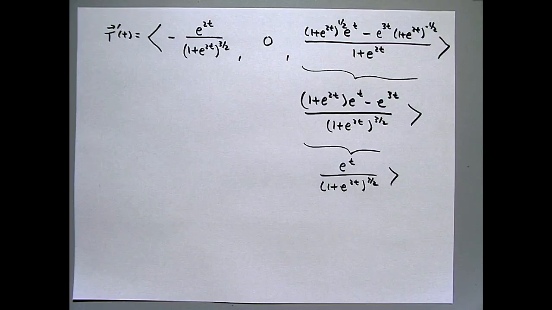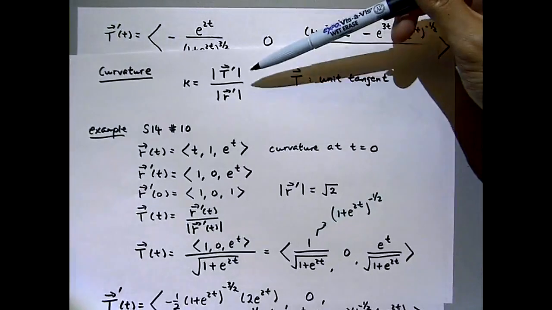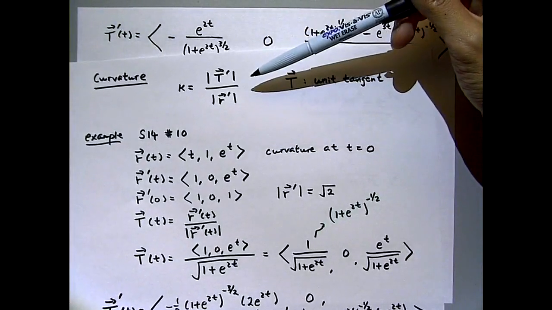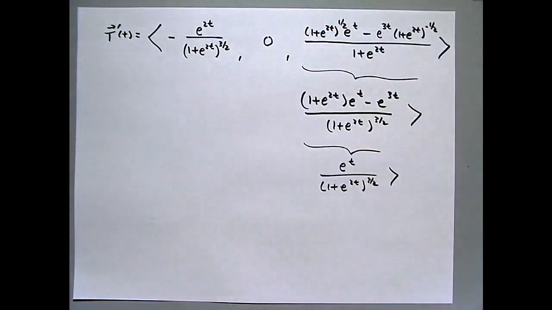All right, so don't forget what we're doing this for. We're looking for our little kappa, our curvature. Numerator of that is the magnitude of T prime at that little t.